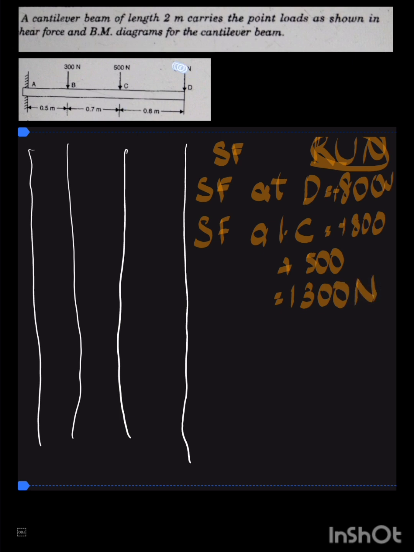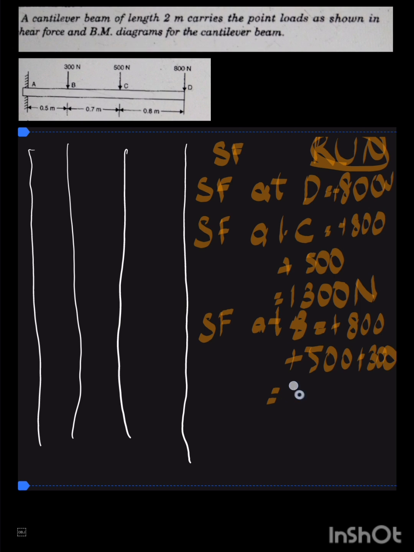Next, shear force at point B: 800 acting downwards, so plus 800 plus 500 plus 300, which means totally 1600 newtons. Next, shear force at A: 800 plus 500 plus 300. What is the answer? 1600 newtons.